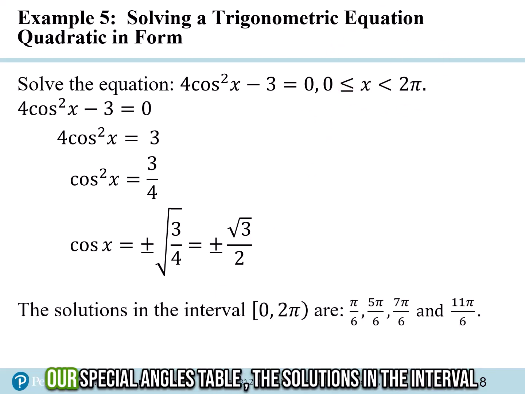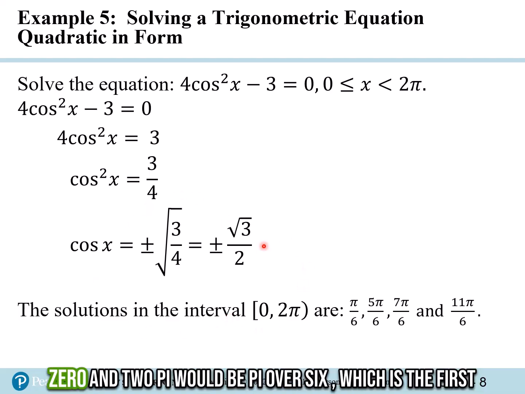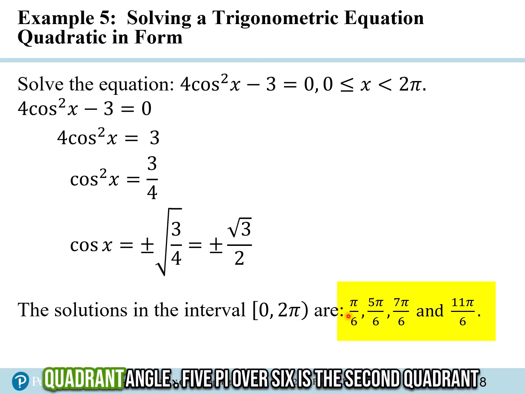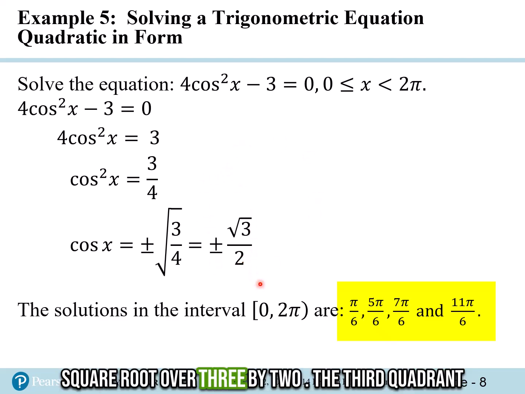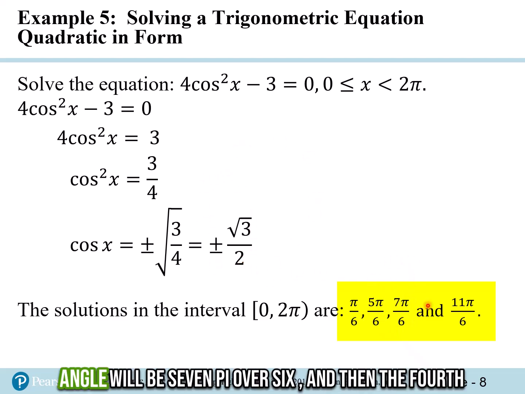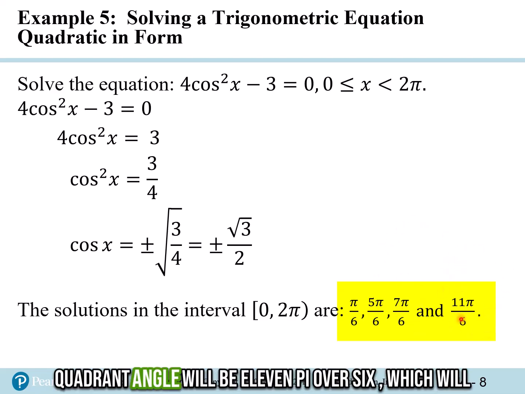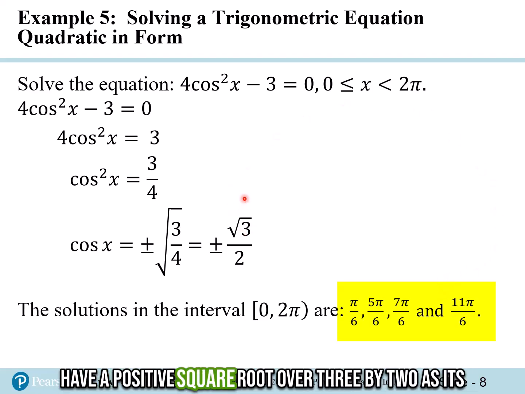So looking up our special angles table, the solutions in the interval 0 and 2 pi would be pi over 6, which is the first quadrant angle, 5 pi over 6 is the second quadrant angle, and it will have a negative ratio, a negative square root of 3 by 2. The third quadrant angle will be 7 pi over 6, and then the fourth quadrant angle will be 11 pi over 6, which will have a positive square root of 3 by 2 as its ratio.